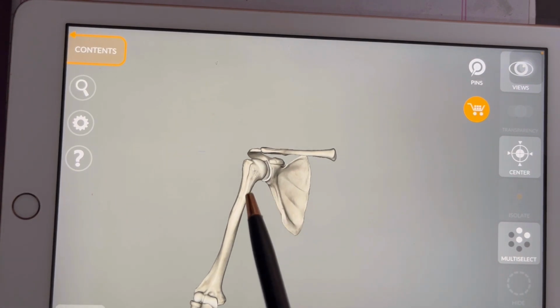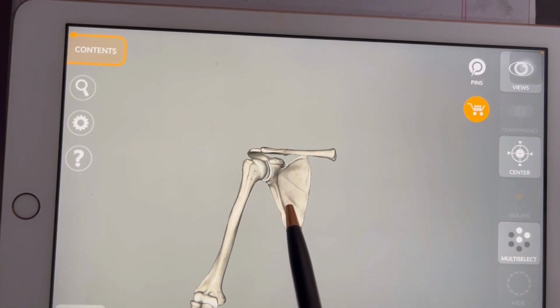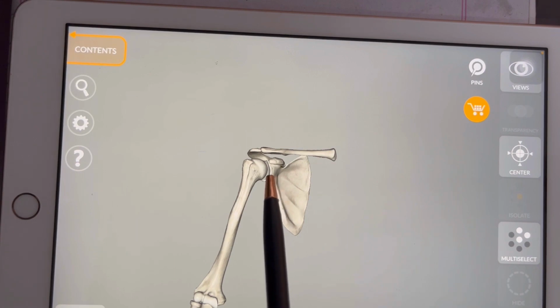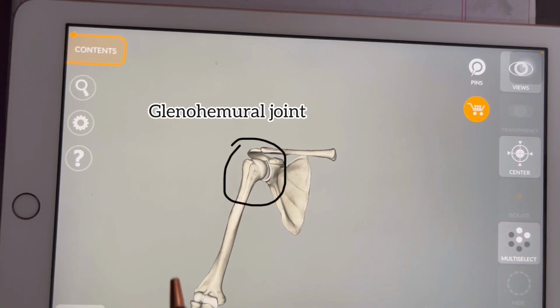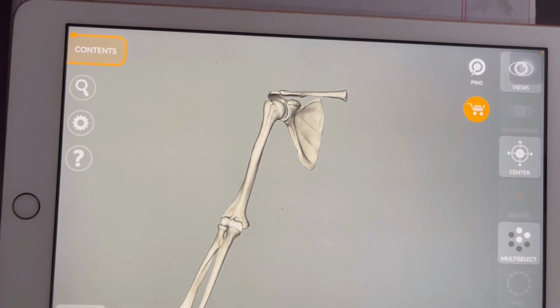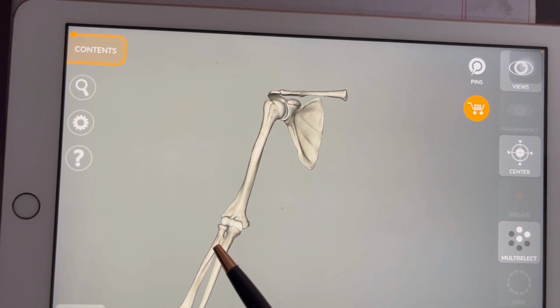The humerus bone is proximally connected with the scapula at the glenoid cavity and the head of the humerus bone, forming the glenohumeral joint, while distally the humerus bone articulates with the radius and the ulna bones.